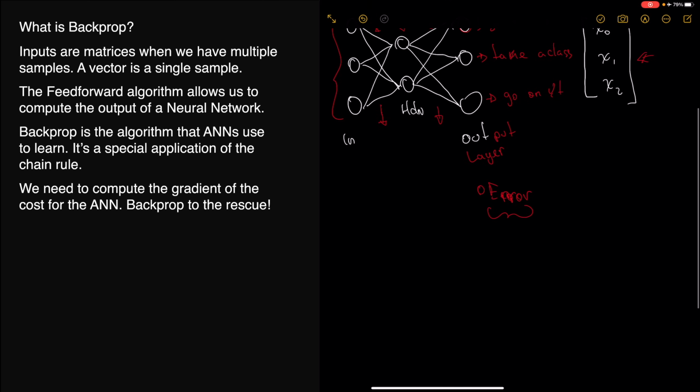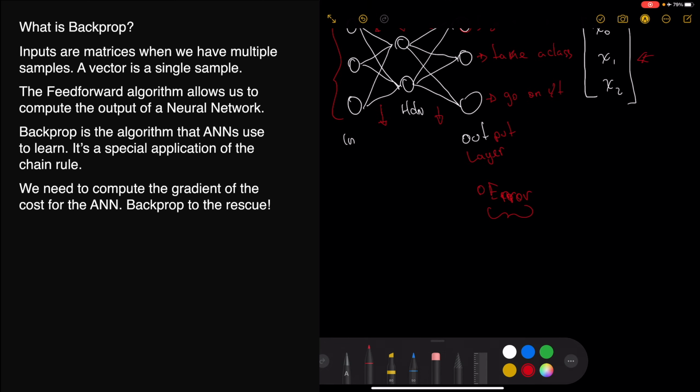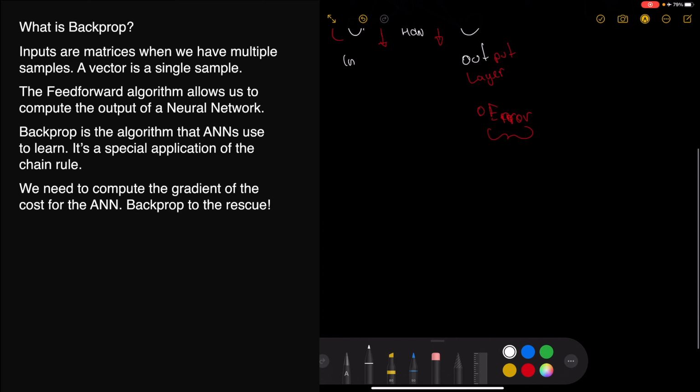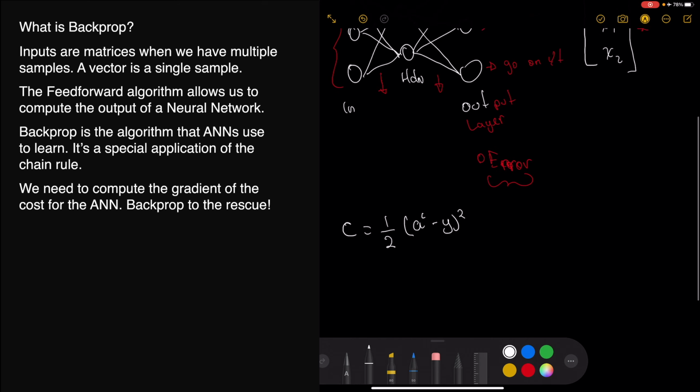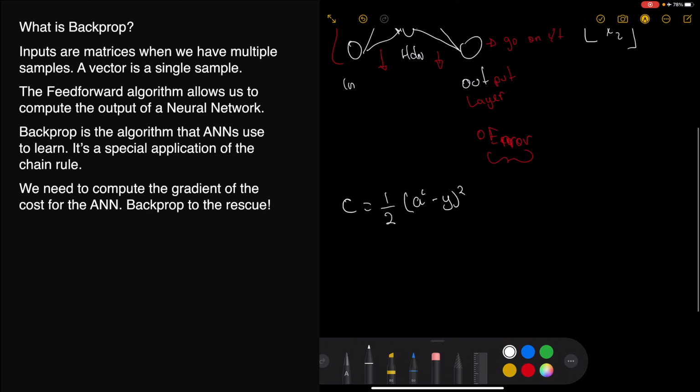So let's go ahead and define a cost function. Let's change back here to white and define it. For a cost function, I'd like to use this function here. Now, you should be familiar with what AL is because this is from our feed-forward neural network, right?